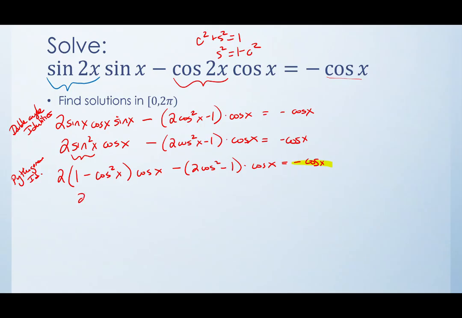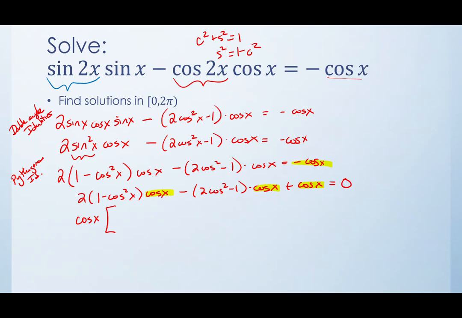Okay? So we're going to have 2 times 1 minus cosine squared times cosine, minus 2 cosine squared minus 1 times cosine, plus cosine equals 0. And like I said, every one of these, we've got a cosine term as part of each product here. So we're going to go ahead and pull it out.